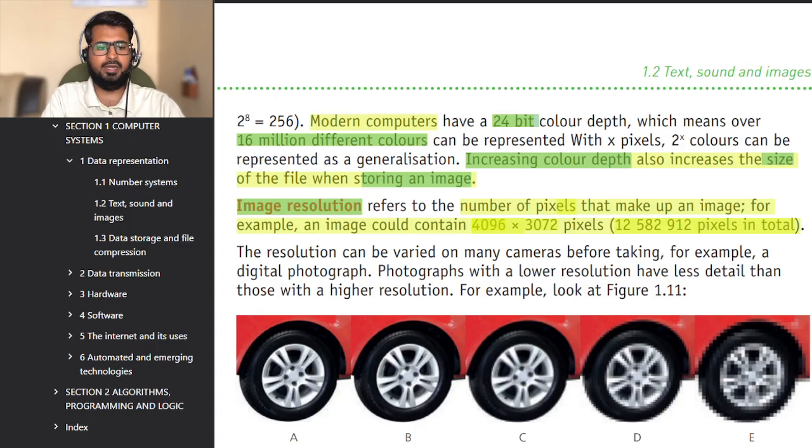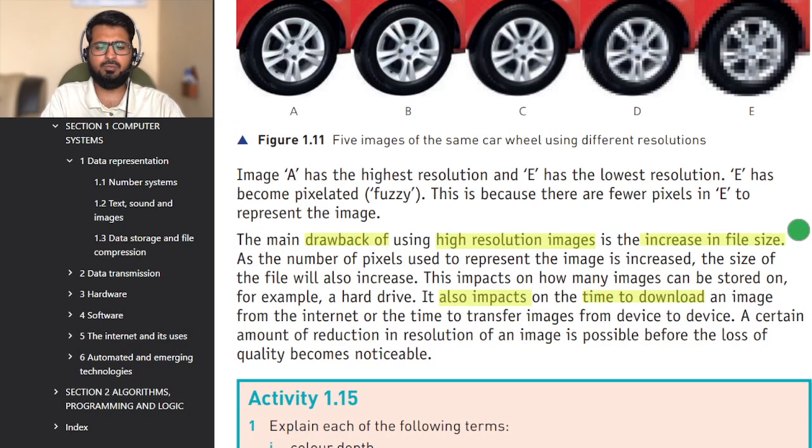So in that example, your book is saying, if there is an image containing 4096 width pixels and 3072 height pixels, we'll multiply them and we will get the total number of pixels, right? There is nothing complicated in that.